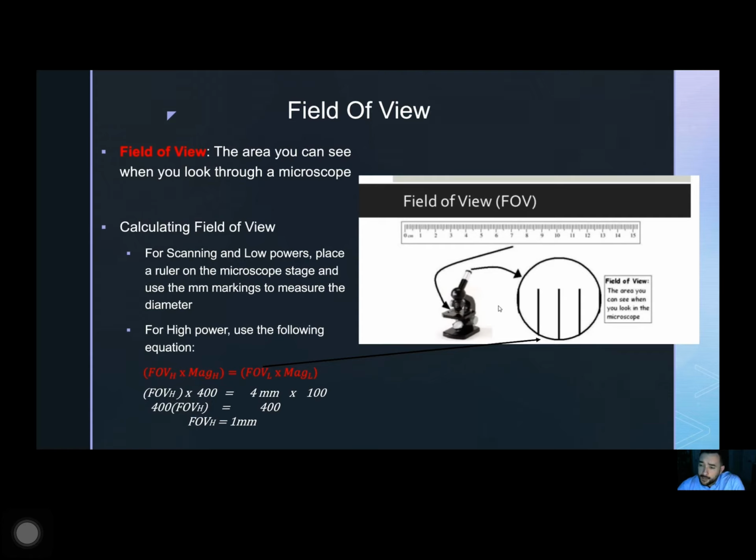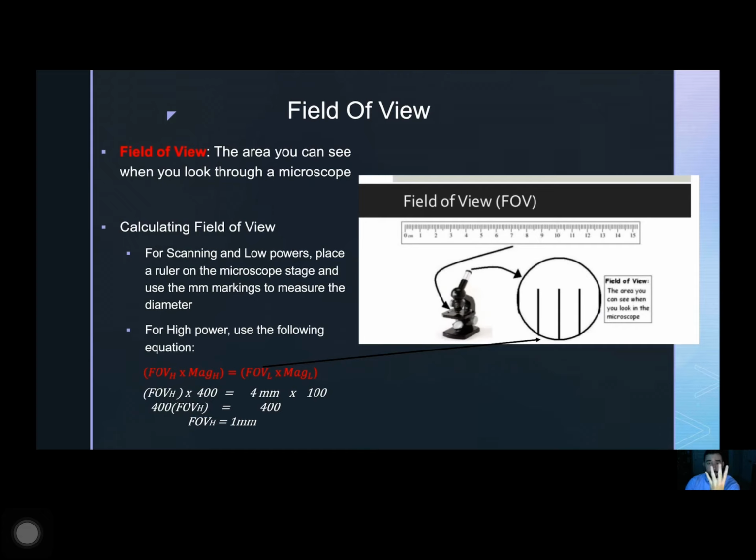So again, on scanning power, if our field of view was 4 millimeters, you increase it to low power, maybe you could see about 2-ish. Increasing it to high power, you would not see any more tick marks because you will be focused in between two of those lines. So I used this example in class.